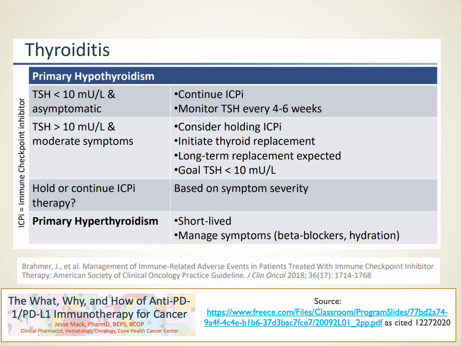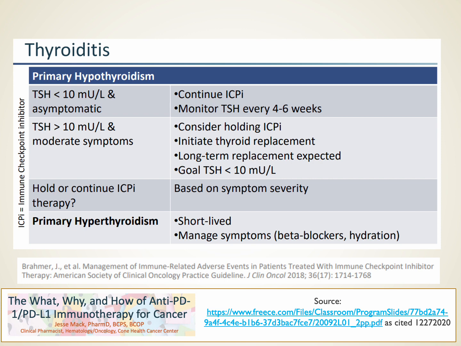Thyroiditis, typically you look at their thyroid function test, the TSH, and that would often determine to the degree to which you would hold the therapy or continue therapy, whether or not you would manage it with thyroid supplementation or managing hypo or hyperthyroidism in a different sort of way.